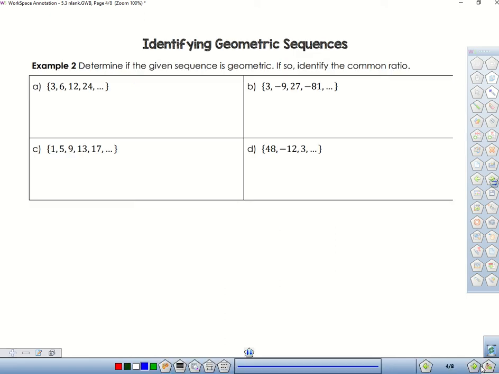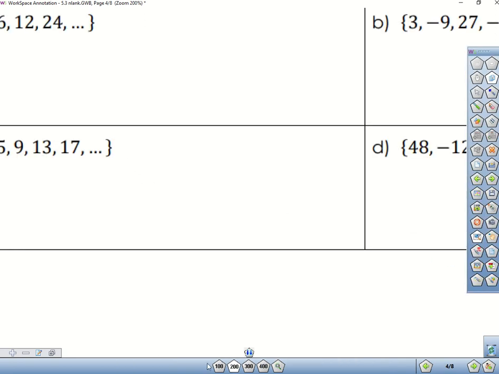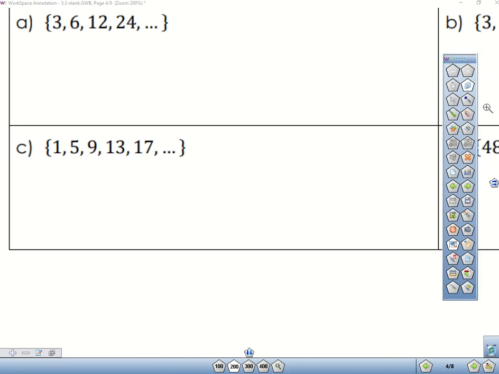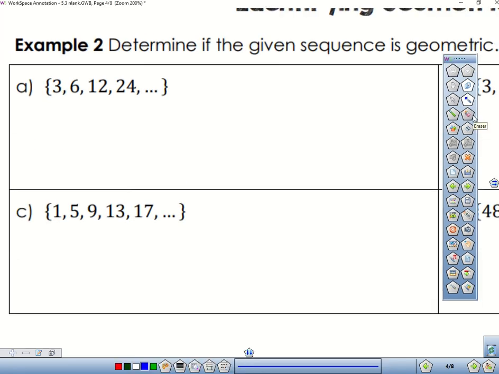Now we're going to look at a few different examples, and we're going to determine if the given sequence is geometric, and if it is, identify the common ratio. Not all of these are necessarily geometric. In the first case, what do you think, geometric or not? Yes, it is geometric. And why?